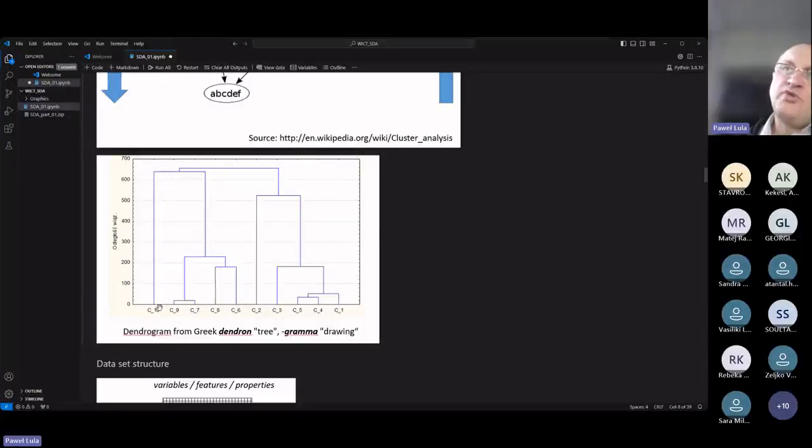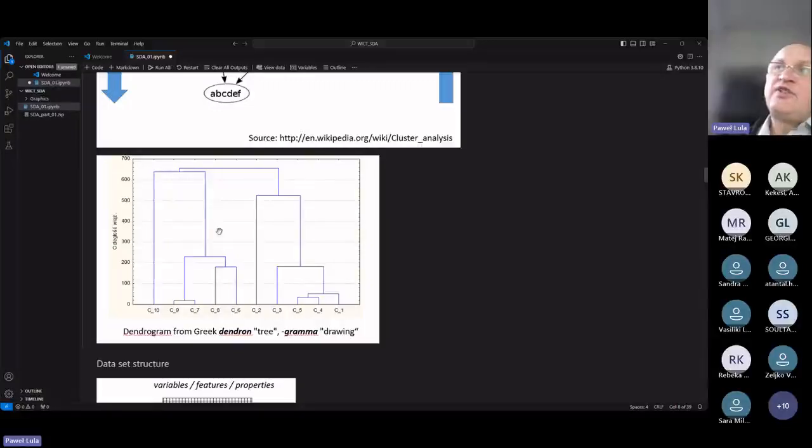So we should check all these values, and we should find two consecutive values for which the difference is the biggest. So we should compare differences between consecutive levels and find the biggest difference.